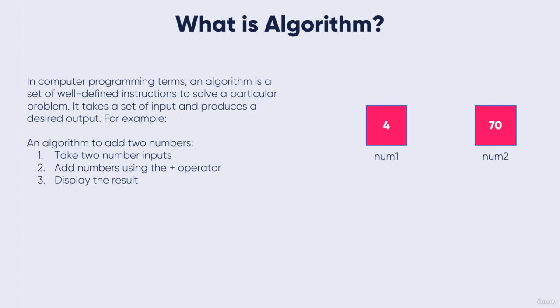So 70 is stored inside the num2 variable. Add the numbers using the plus operator in the memory and the CPU. Do this in the arithmetic and logical unit. So this will give us a new variable called sum, which is 74. So we have stored 74 inside the sum variable.